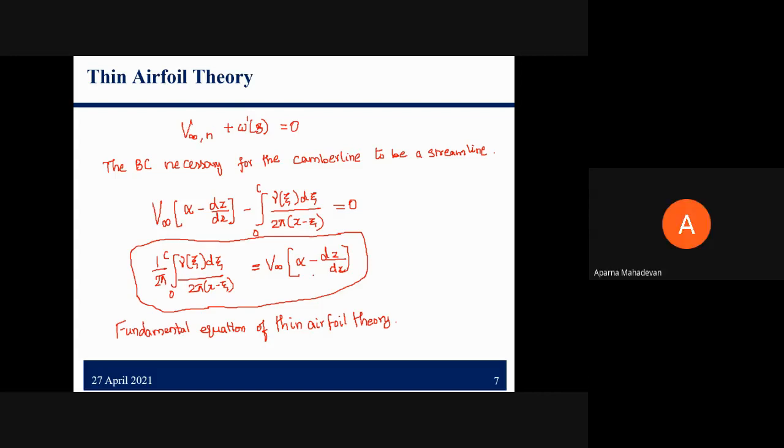If the airfoil is symmetrical, sir. Yeah, so if the airfoil is symmetric, then what happens to this term dz by dx? Becomes 0, sir. Yeah, becomes 0, and we can reduce this equation to 1 by 2 pi integral 0 to c gamma of zeta into d zeta by 2 pi x minus zeta, that is equal to V infinity alpha.